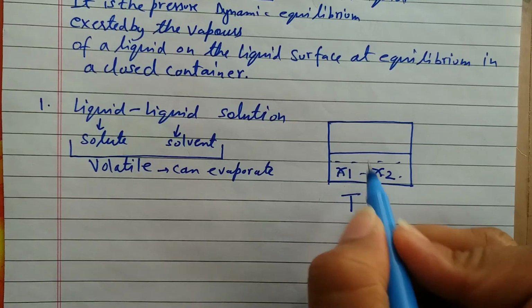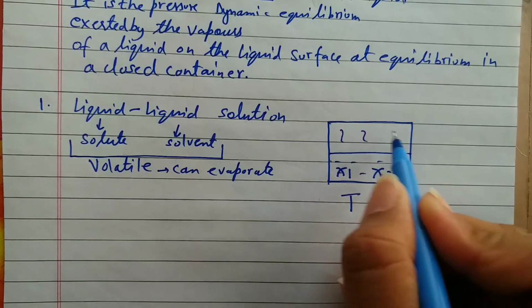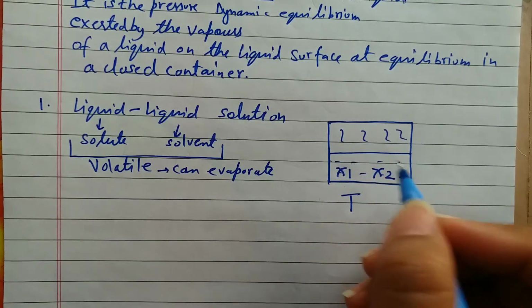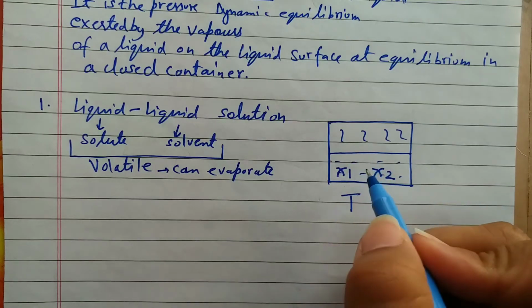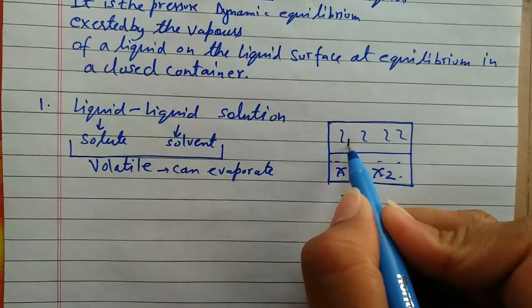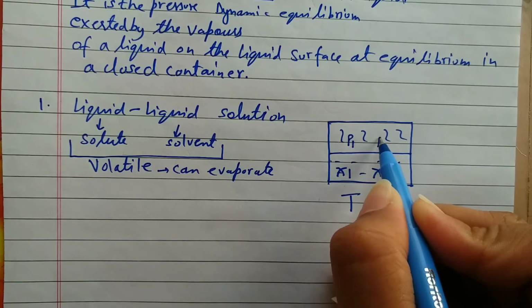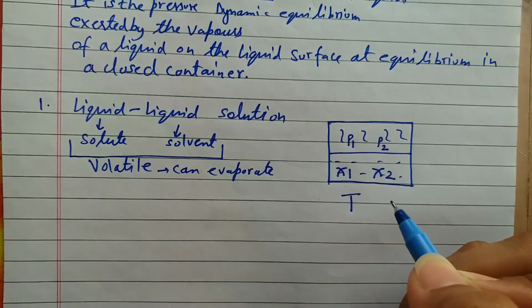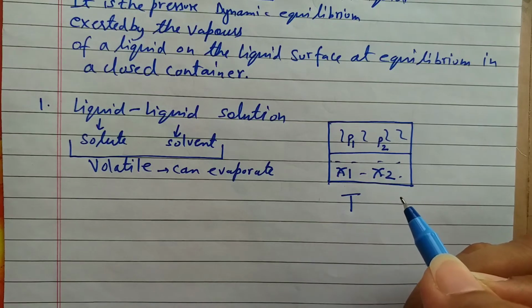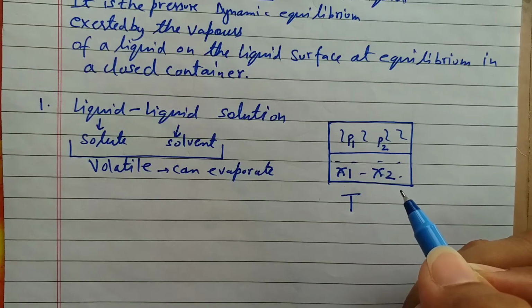Now as they are volatile, they start to evaporate, and when they evaporate, they start exerting some pressure also. So let's say P1 is the pressure exerted by component 1 and P2 is the pressure exerted by component 2.